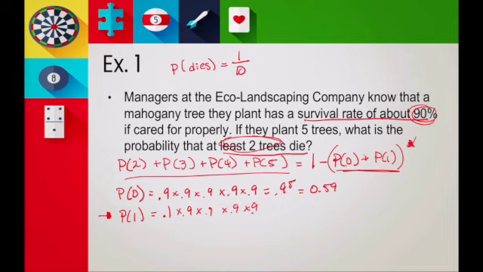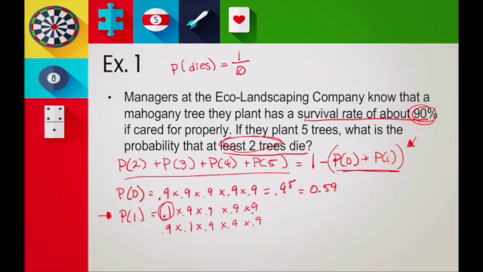Okay? But this gives you the probability that the first tree dies and the other 4 don't. What about the probability that the second tree is the 1 tree that dies? So the first tree survives, and then the second one dies, and then the third and the fourth and the fifth survive.